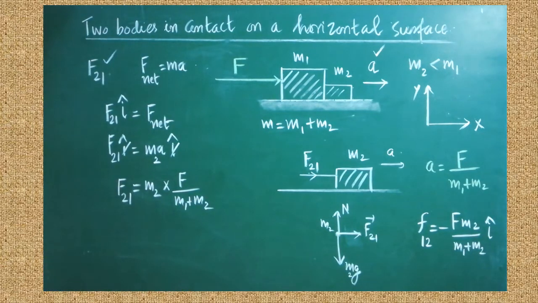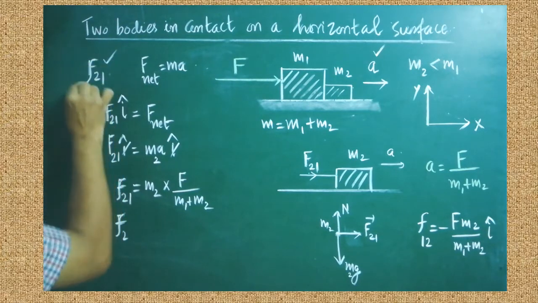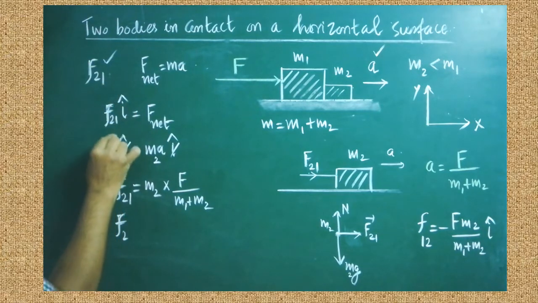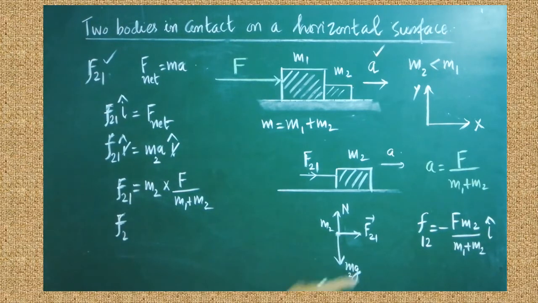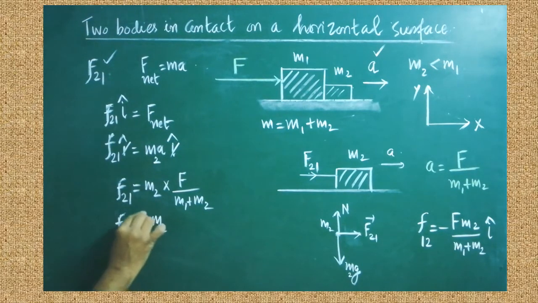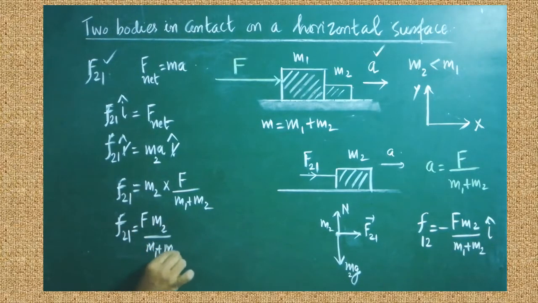We can use small letters because we already used a small letter for f12. So f21 is equal to m2 F divided by m1 plus m2.